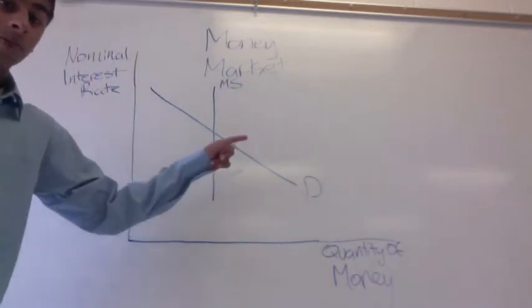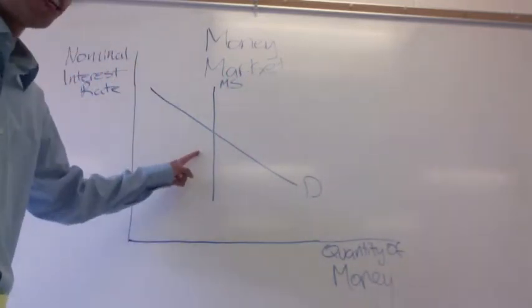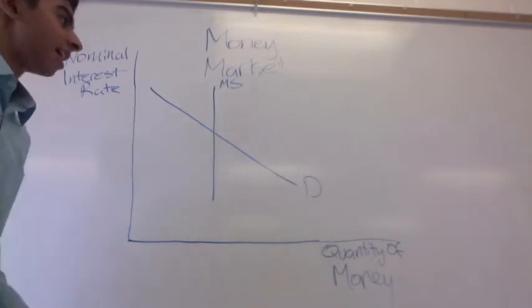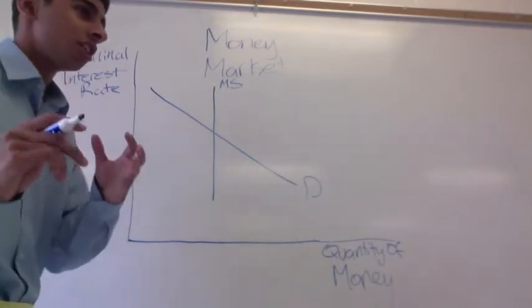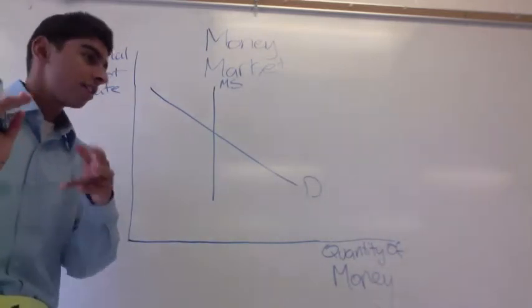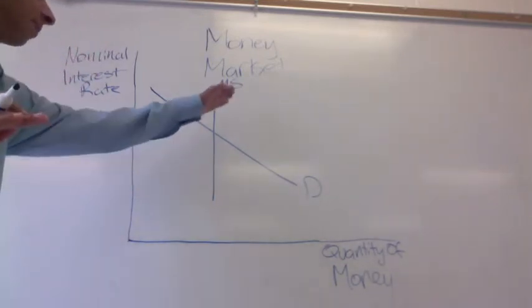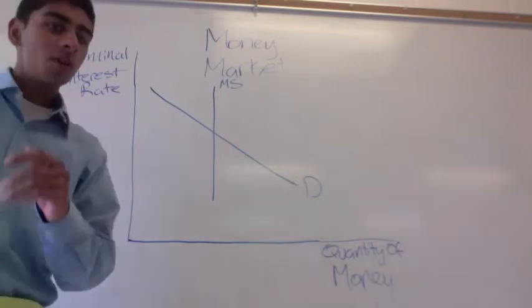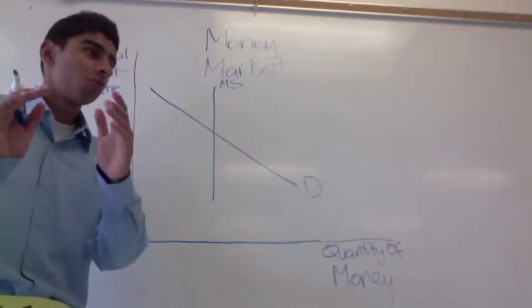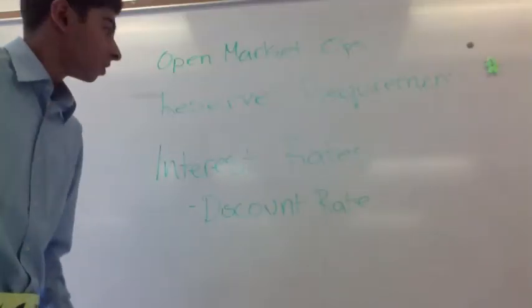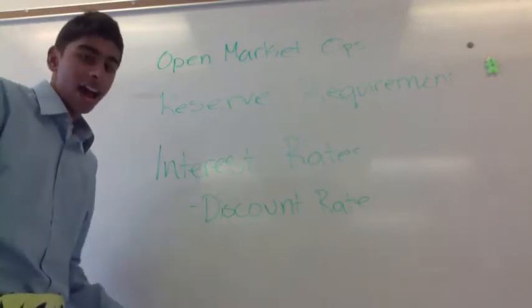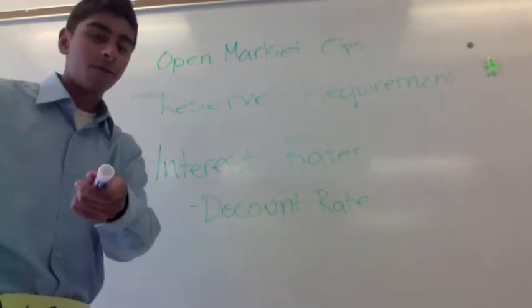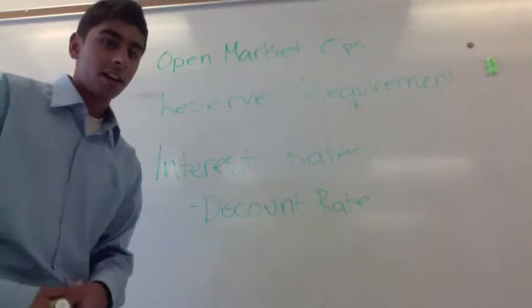So our money supply curve is perfectly inelastic. And the reason is because in economics we assume that the Federal Reserve has complete control over the supply of money. And now we're going to talk about why that is. So these are the ways that the Federal Reserve can influence the money supply through monetary policy.